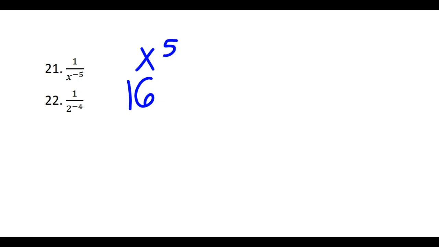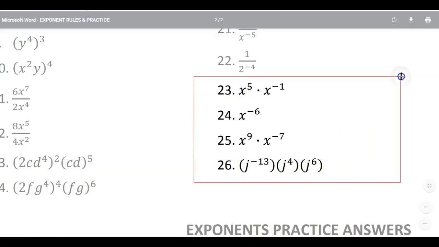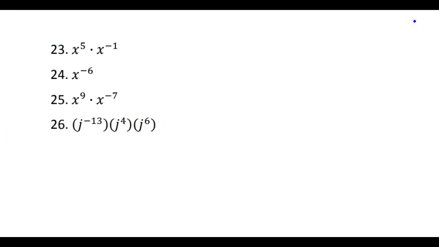Let's look at numbers 23 through 26, and you're doing a great job. We're almost done. Okay. So what is x to the 5th power times x to the negative 1st power? X to the 4th power. Okay, that's correct.